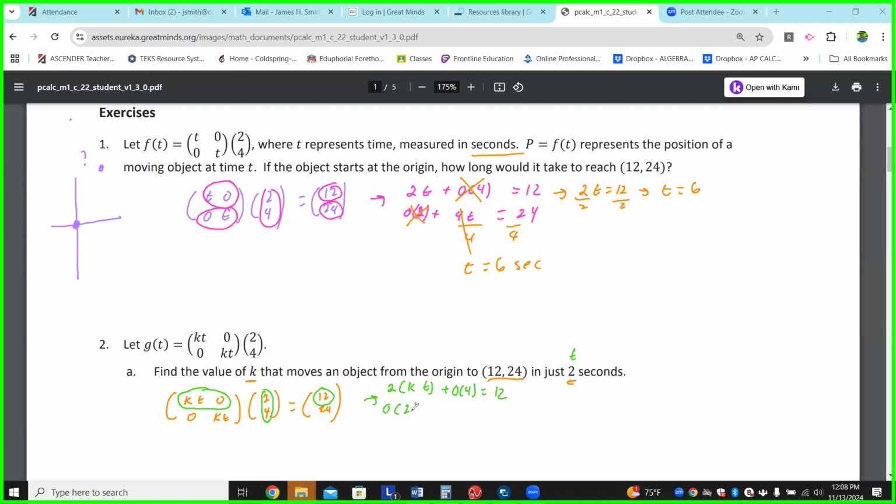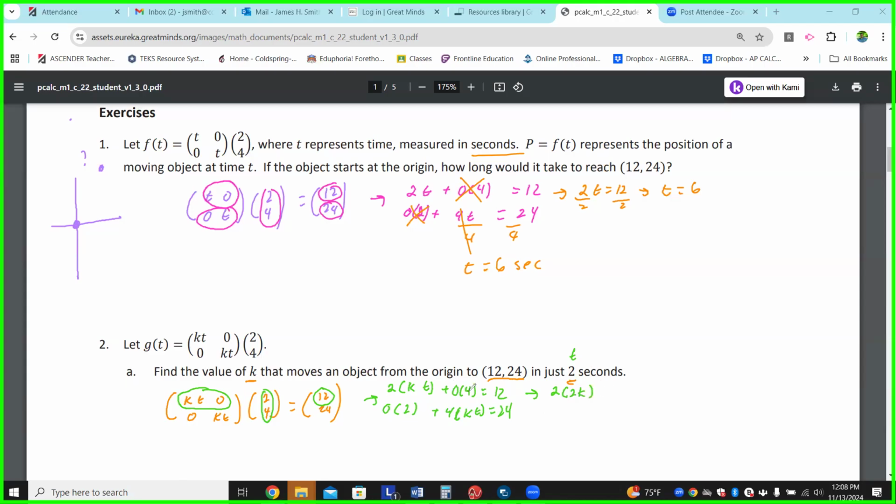You're good. 0, 2. Okay. I like putting the numbers first, but you're totally right. And then equals 24. And again, with the fact that t is equal to 2, when I back substitute this in, this now becomes 2 times 2k.